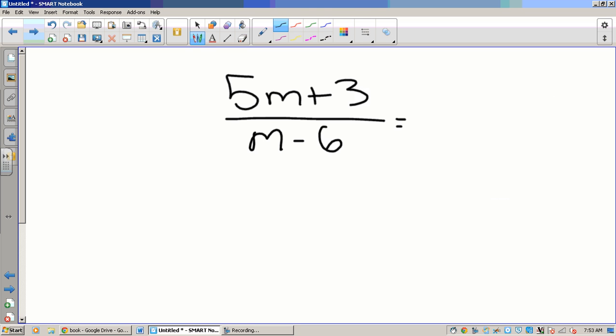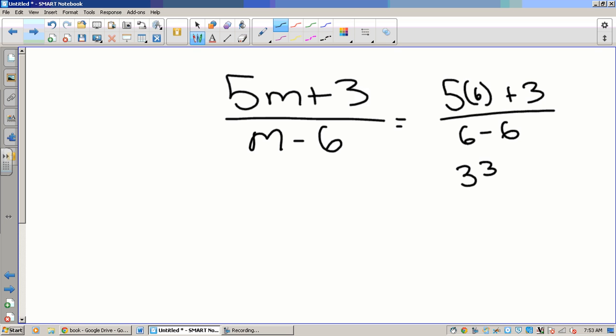Austin? I think m would have to equal 6. Why is that? Because it kind of goes into what we've been doing, because you could get rid of the denominator. Let's look at it like this: 5 times 6 plus 3, and then 6 minus 6. So I would have 33 over 0.